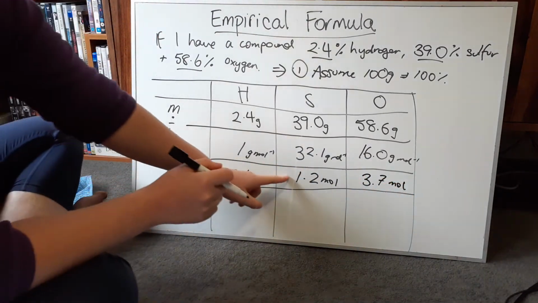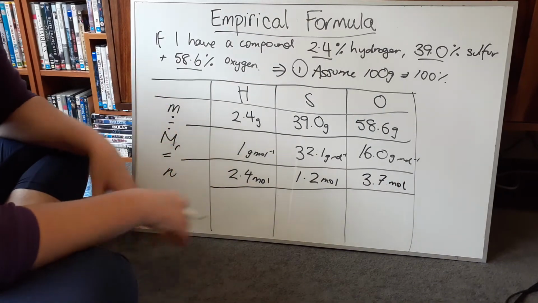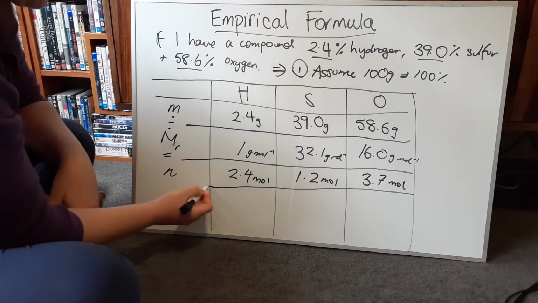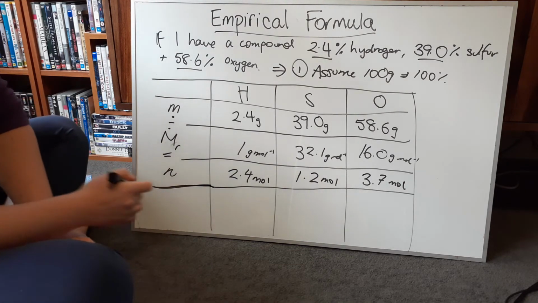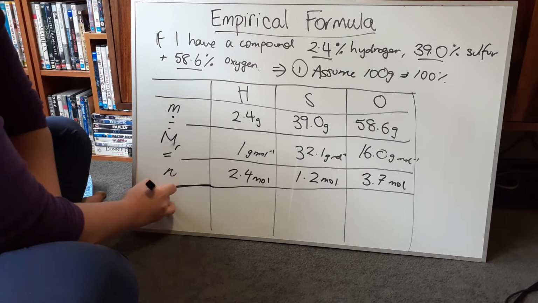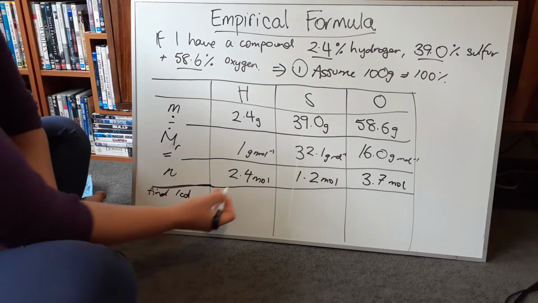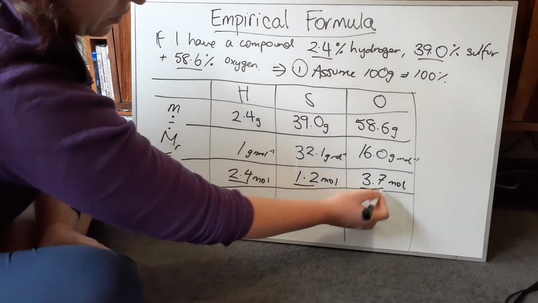Now, each of these numbers here, they're not really round numbers. I need to try and make them round. So what I'm going to do is find the lowest common denominator. In this case, 2.4, 1.2, and 3.7.